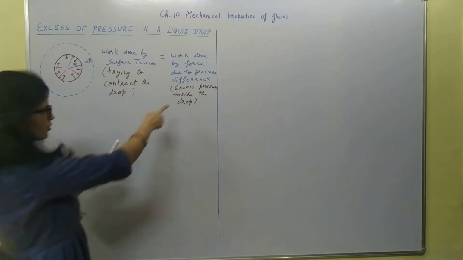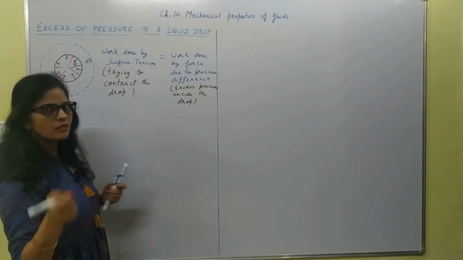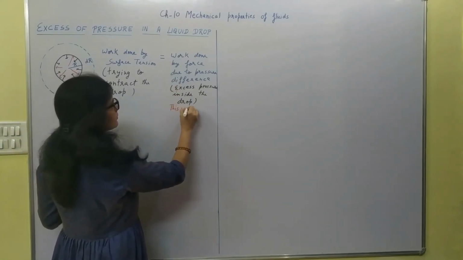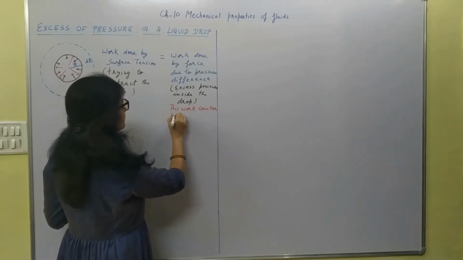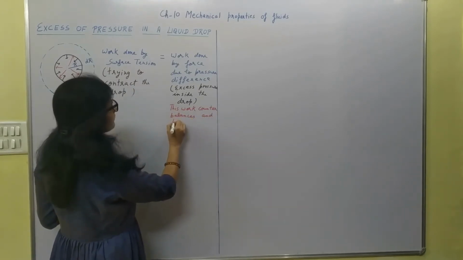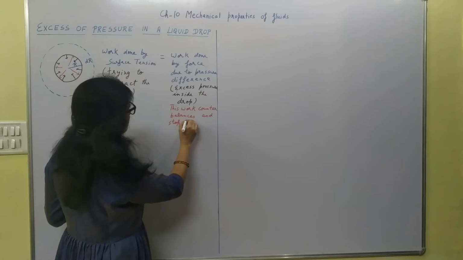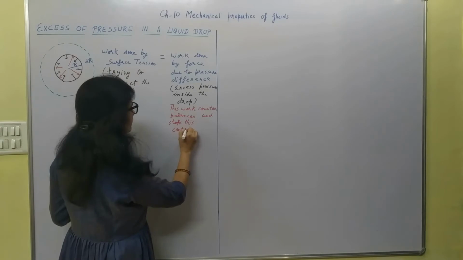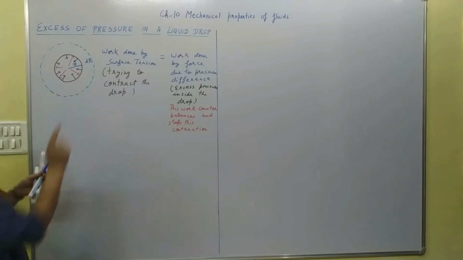So this work done by pressure is actually trying to stop this contraction. Right? So that's why these works must be equal.